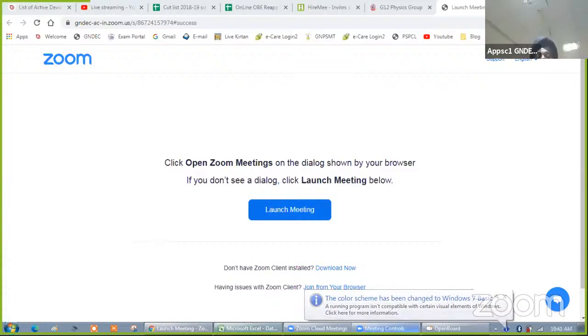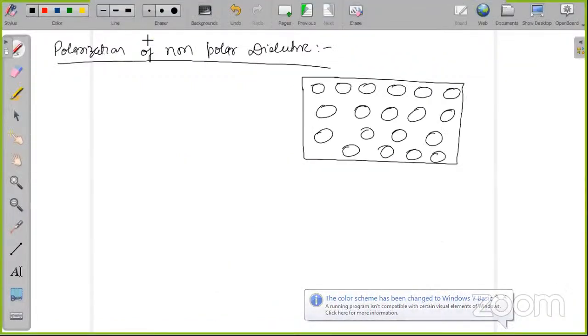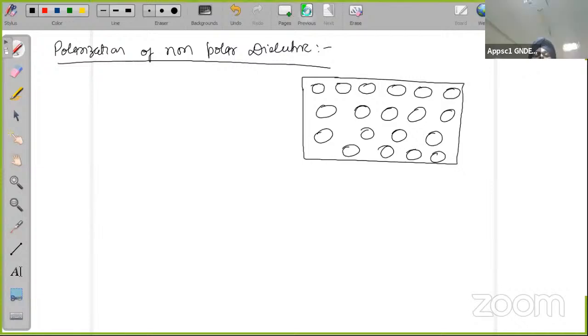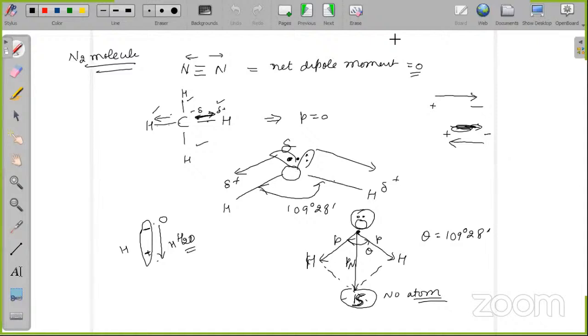Is it visible now? Yes, sir. Sir, can you please show the previous page? Okay. Let me go to the next page.